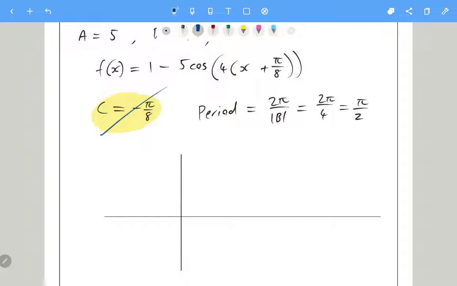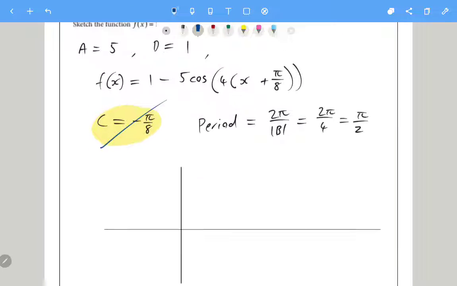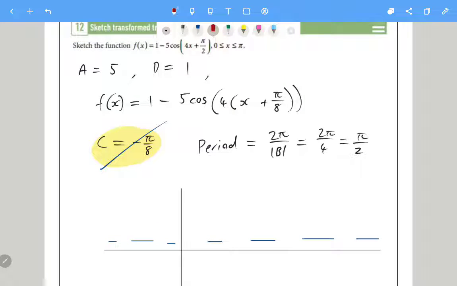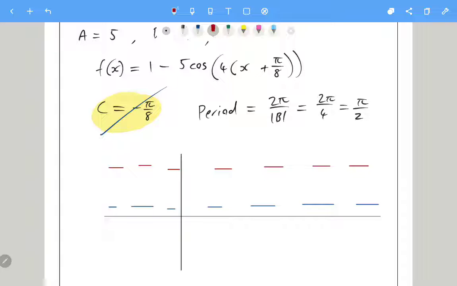So let's start off with our sketch. Our middle line, our median, is 1, so just above the x-axis. The max line is going to be 6, since 1 plus 5 is 6. And the min line is going to be negative 4. So let's mark in all of these numbers: 1, 6, negative 4.